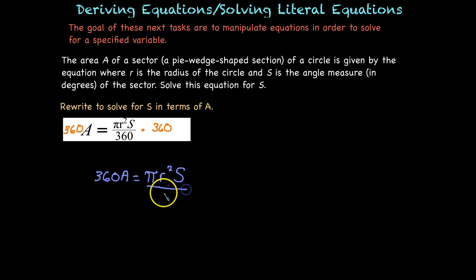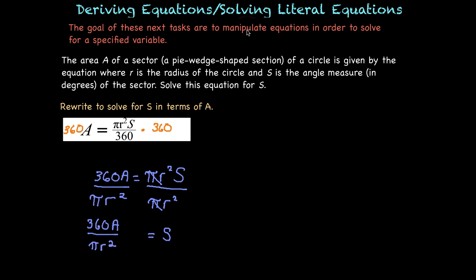Since this is all multiplication, we can divide all of these like this. These then cancel, and we have now solved for s, or rewritten it in terms of a. So s is equal to, and I forgot the little squared here, very important, 360a over pi r squared.